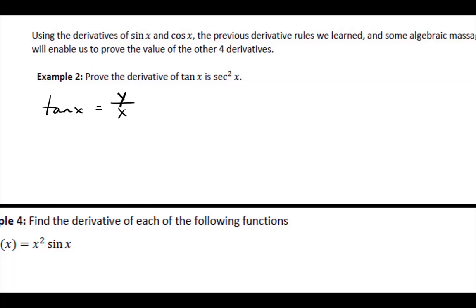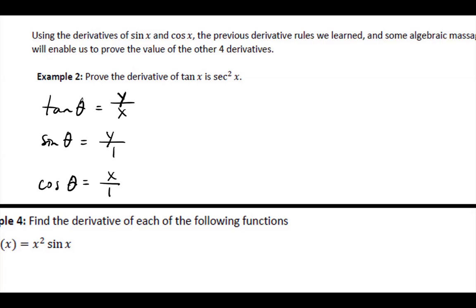If I wanted to do sine on the same thing, what is sine? Y over 1, or just y. Let me change these to theta so we don't get the x's and y's. And if I wanted to find cosine, what is that? X over 1, or x.